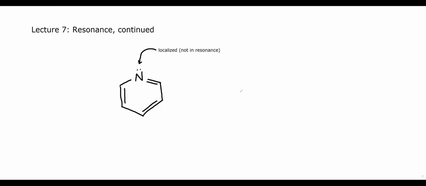So if we draw pyridine sort of two-dimensionally, if we can envision this as being a flat molecule like a pancake, right? Flat pancake molecule. We have all of these p orbitals here on all of these carbons. Okay, we have all of these p orbitals, and then we have this p orbital on nitrogen. Now, this lone pair is actually out here in an sp2 orbital. This lone pair is not in a p orbital.